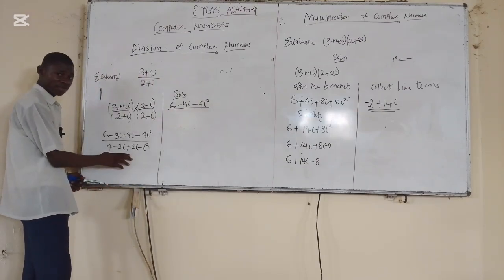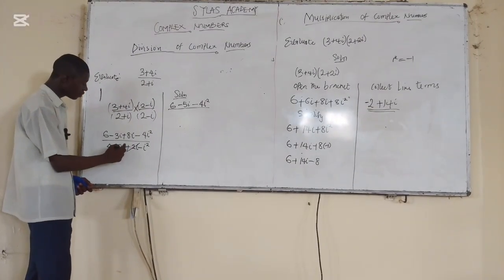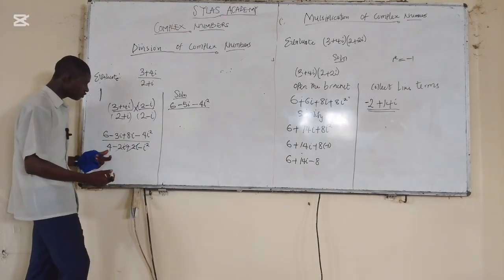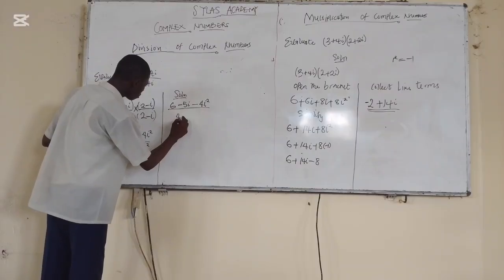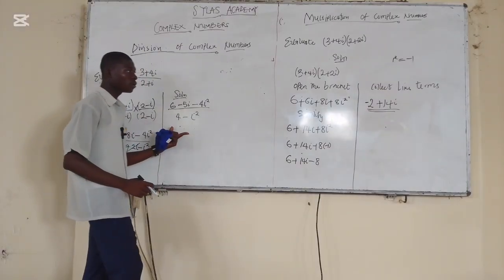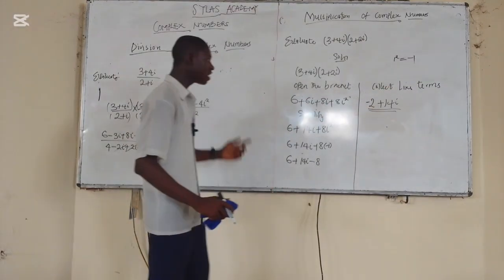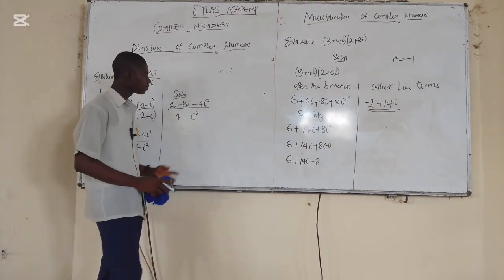Let's take like terms here again: minus 2i plus 2i gives you 0. You'll be left with 4 minus i squared. But remember the law: i squared is equal to minus 1. Wherever you see i squared, you put minus 1.